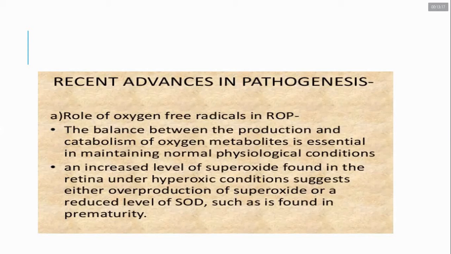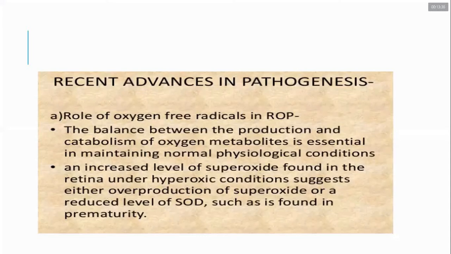So what are the recent advances in the pathogenesis of the ROP? The role of oxygen free radicals in the ROP: the balance between the production and catabolism of oxygen metabolites is essential in maintaining normal physiological conditions.